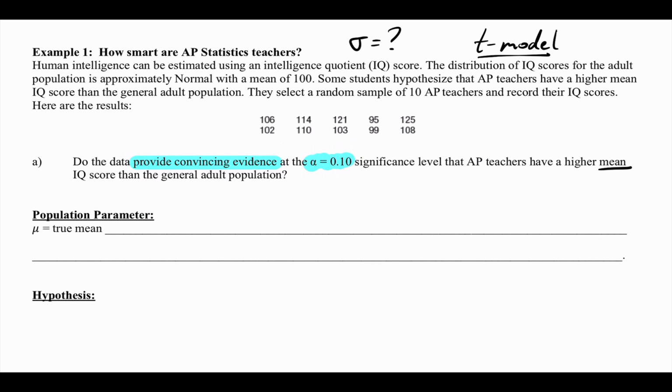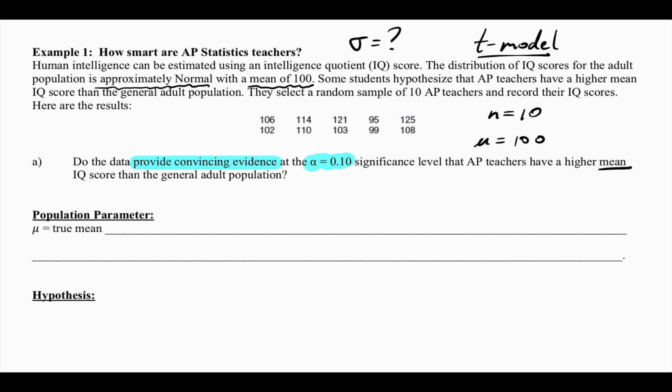Let's see here. Do I have a sample size? 10. And then I also have this guy right here, approximately normal with a mean of 100. What is that mean of 100? Who does that refer to, the mean of 100? The entire population. So the true mean right there. So that's the first thing we're going to do: the population parameter. Okay, we know the number is 100.